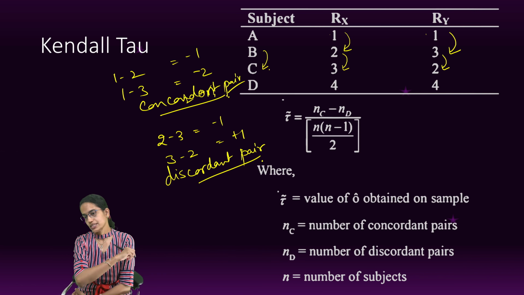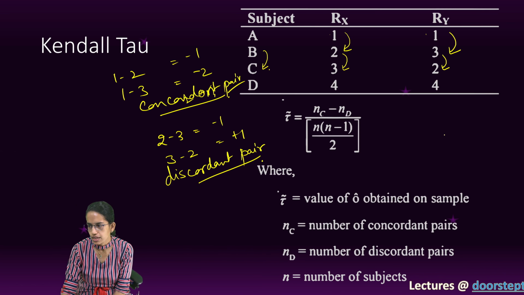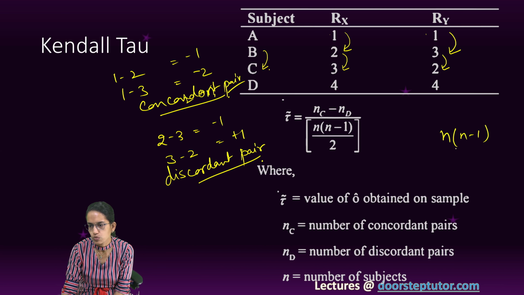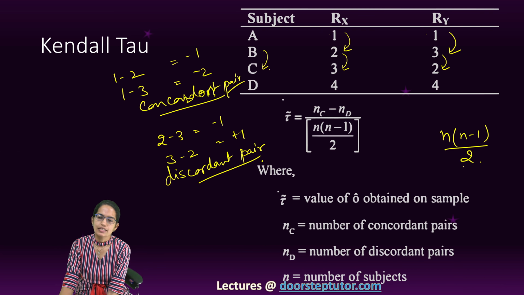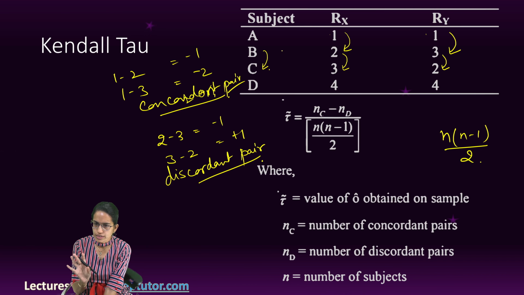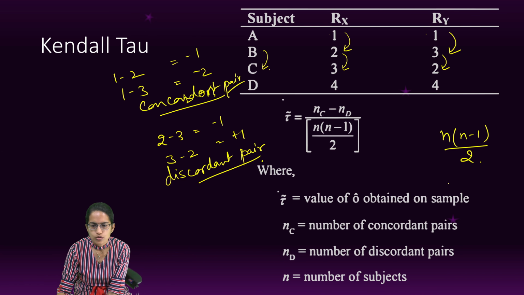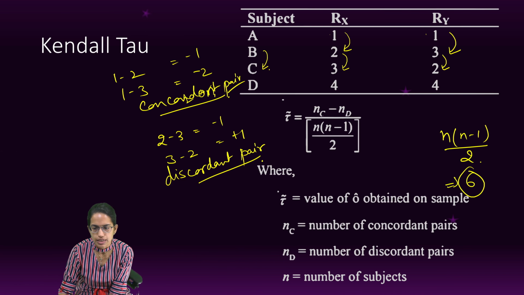Now how many pairs can there be? The simple formula to find the number of pairs is n into n minus 1 divided by 2, where n is the number of people. How many subjects are there? Four people whose drawings have been assessed. So 4 into 4 minus 1 divided by 2 gives 6 possible combinations. What would the 6 pairs be?